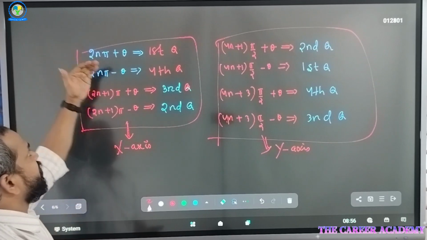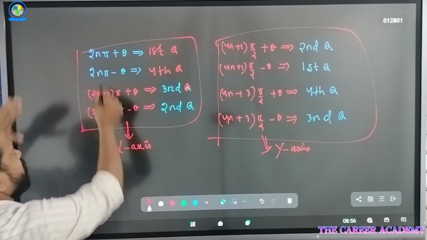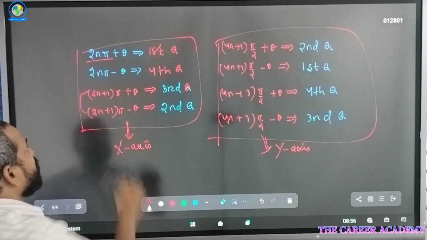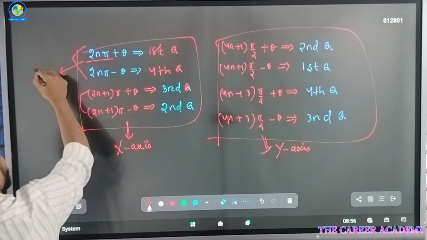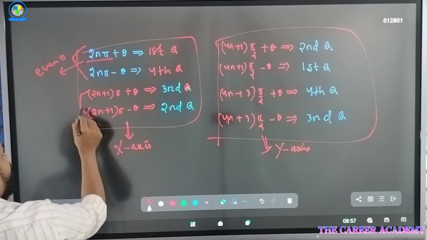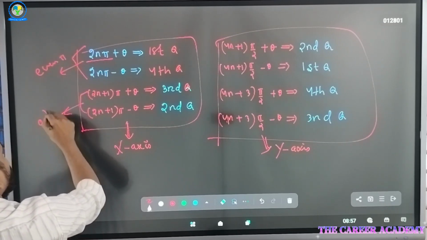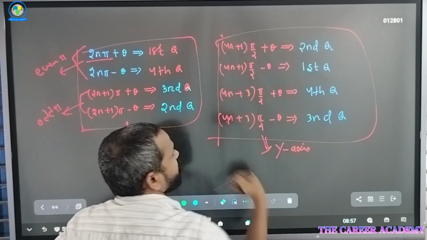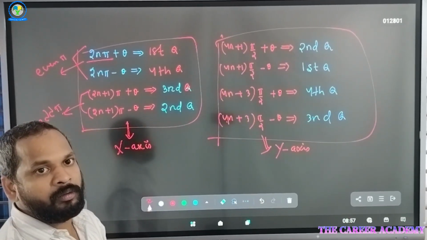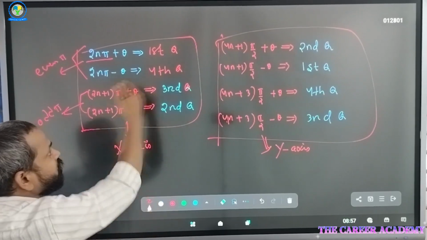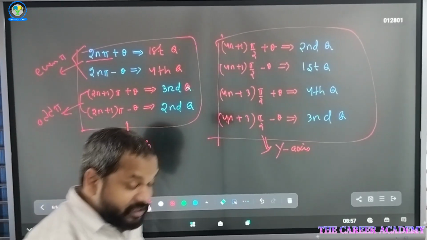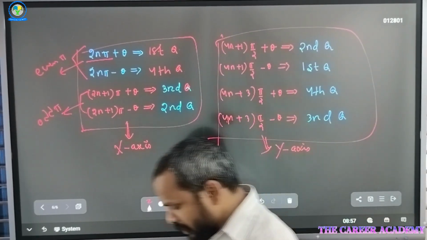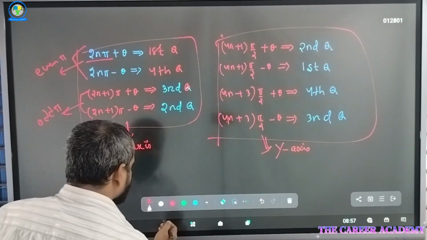In the x-axis, the positive x-axis is even pi, the negative x-axis behaves as odd pi. Clear? The y-axis behaves as pi by 2 form. Clear? So based on these skills, we can easily convert to the acute angle. Now see how we can solve the problems.